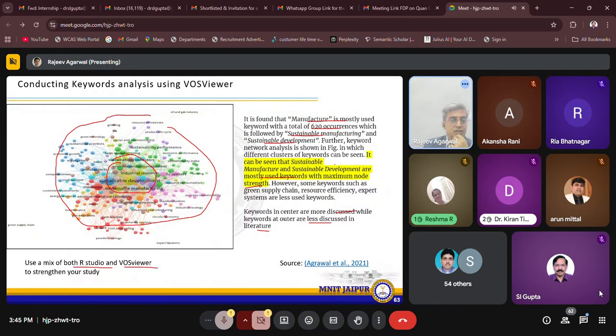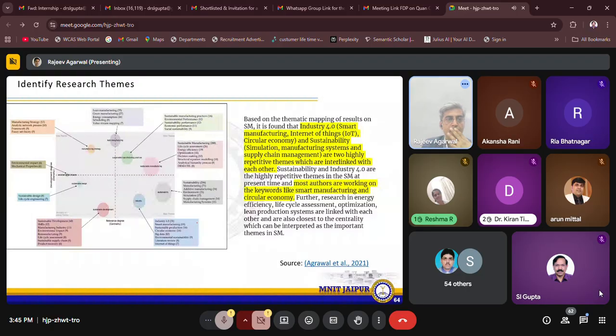So you can see. And here, where we have done thematic mapping on Industry 4.0, Internet of Things and sustainability are two highly repeated terms.